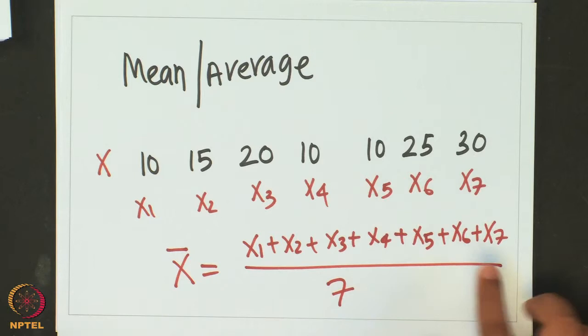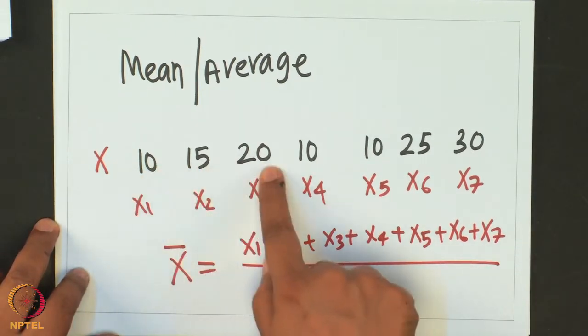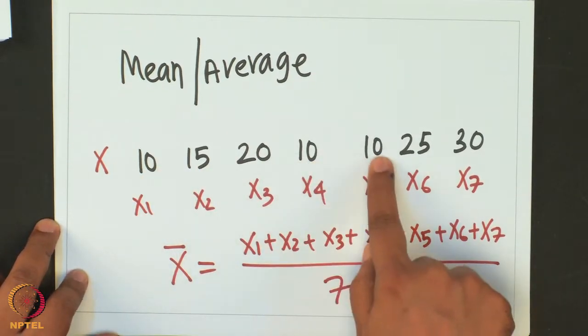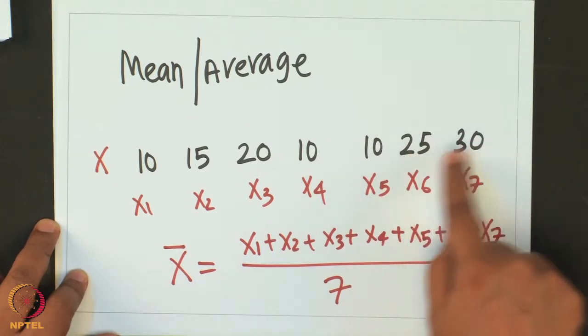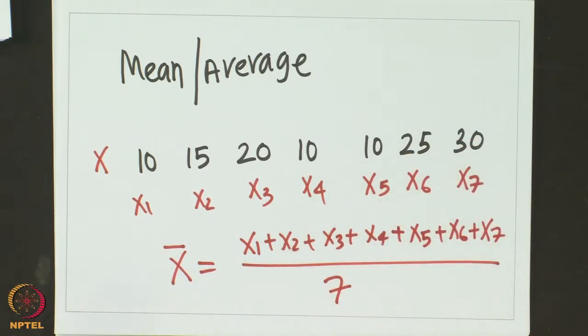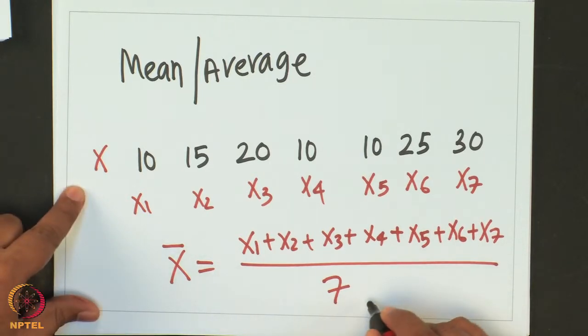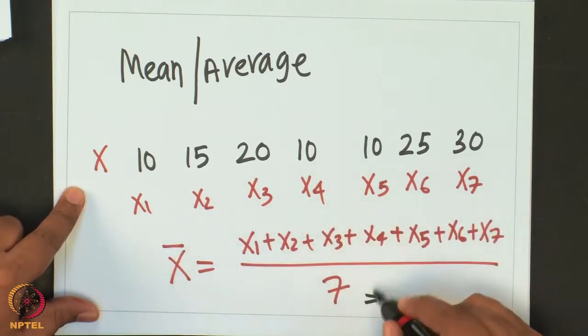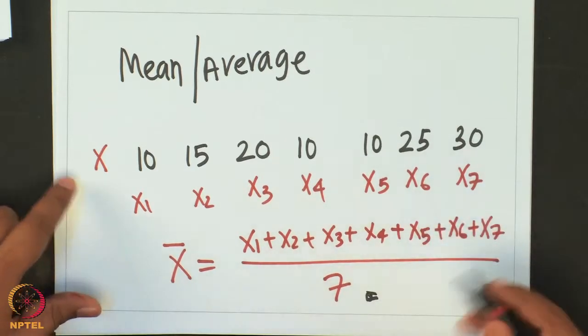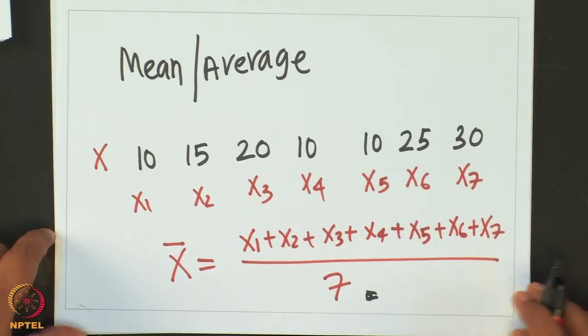If I do this, we have 25, 45, 55, 65, 95, 120 divided by 7 as the answer here, so for these numbers you would get 120 divided by 7.